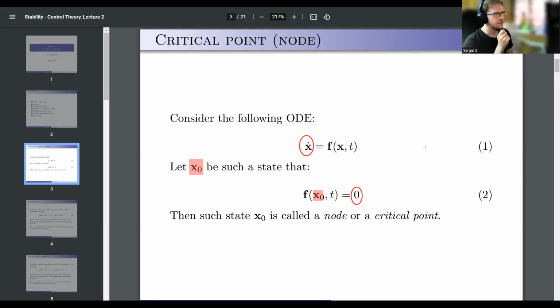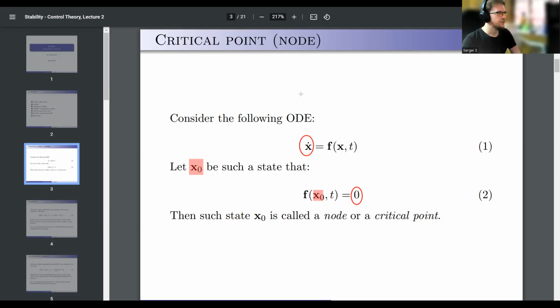If the state of the system is exactly x0, it is always going to be x0 because at this point, x dot is equal to 0. So it is a state where dynamics stops, the system becomes static. We call it a node or a critical point.